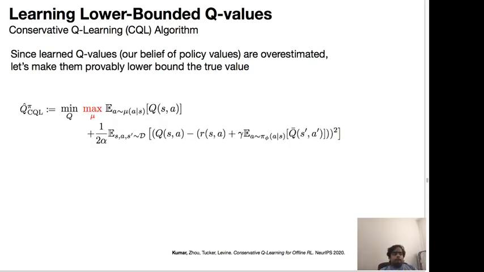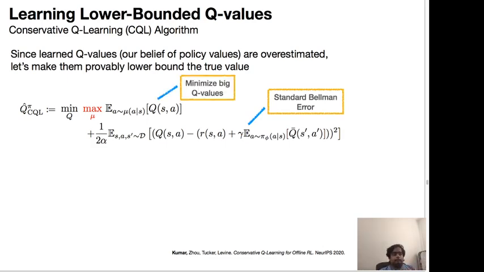One way of doing this, which the conservative Q-learning paper does, is that it augments the standard Bellman error training of the Q function with an additional regularizer, which I will refer to as the CQL regularizer. This regularizer minimizes the large Q values at a particular state S. So it finds a distribution mu, which puts most mass on those actions for which the Q value is super large, and those values are minimized by the Q function, as you see in the objective here.